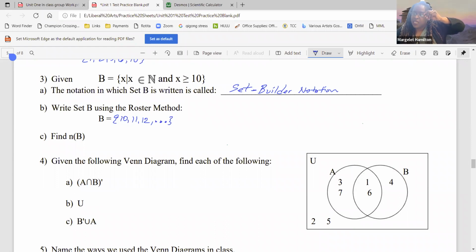Find n(B). How many elements are in this set? All natural numbers. It can't be all the natural numbers because the natural numbers start with 1 and we don't start with 1. How many do you think?